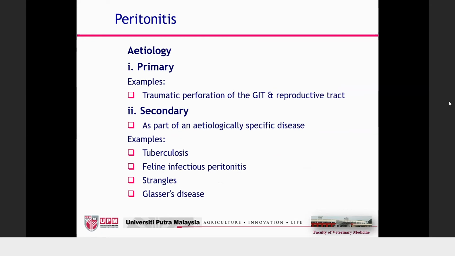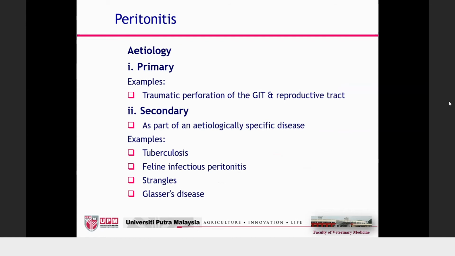And peritonitis, like others, might be primary or secondary. As mentioned earlier, the classification of primary and secondary is a matter of approach in the treatment, which is very important. Because if it is primary, the agent goes directly into the abdominal cavity.